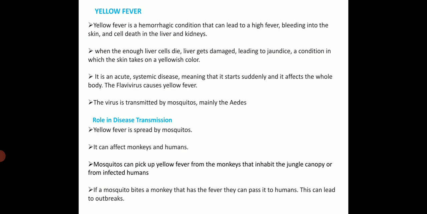It can also affect monkeys as well as humans. Mosquitoes can pick up yellow fever from the monkeys that inhabit the jungle canopy or from infected humans. If a mosquito bites a monkey that has the fever, it can pass it to humans, and this can lead to an outbreak of yellow fever.